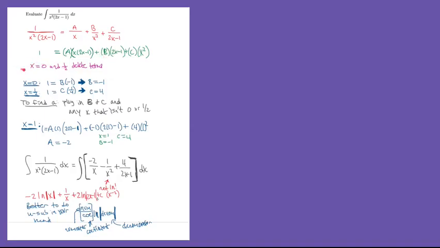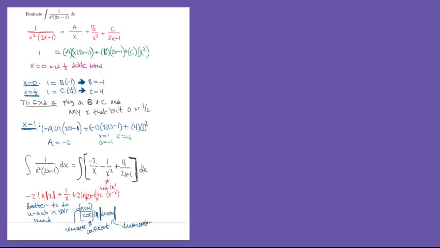If we plug in 0, that will make the A and C go away, so we're able to find the B. And it equals -1 when you do that. If we plug in 1/2, that makes the A and the B go away, and you can find the C. But there's nothing that will make the B and C go away to where you can find A, so we have to do something a little different.